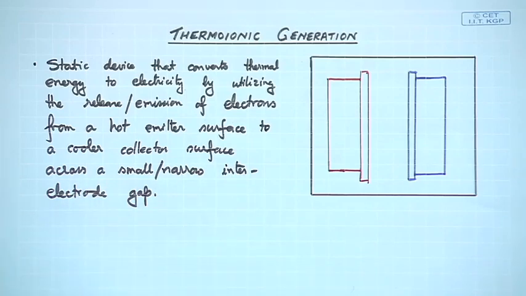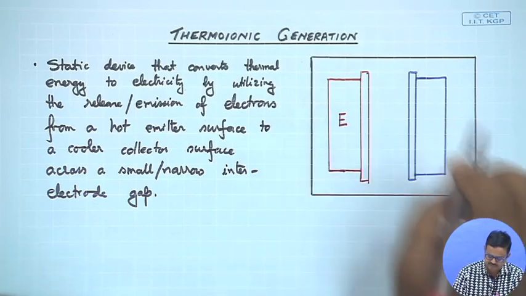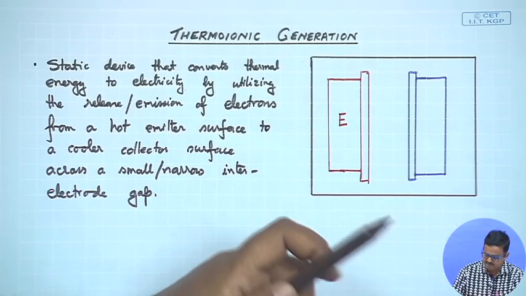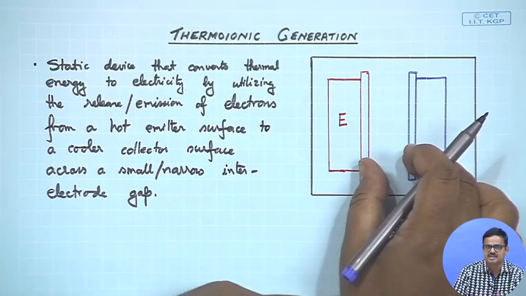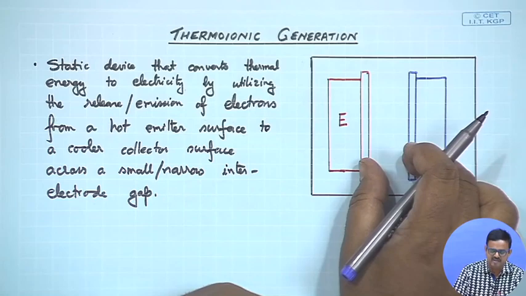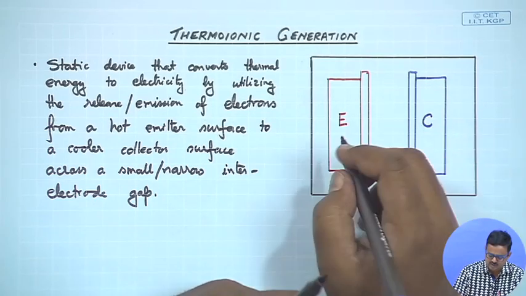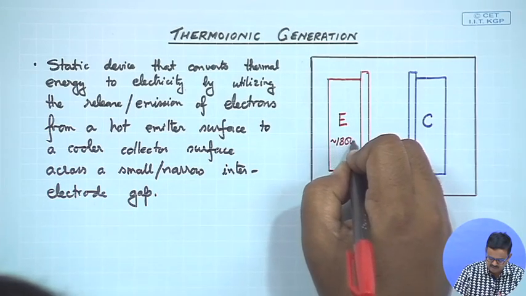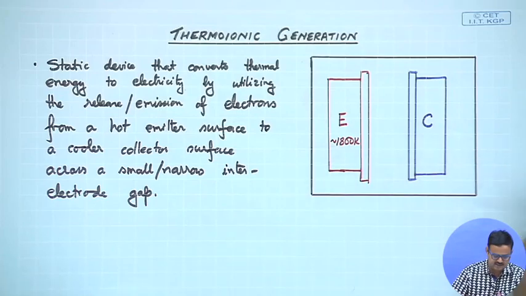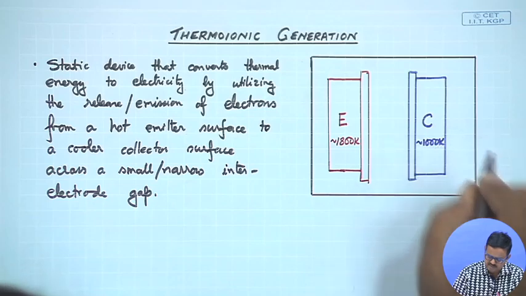If I draw a schematic, it will look something like this, where I have one surface which I am calling the emitter, which is at an elevated temperature, and I have another surface which is slightly away. I have exaggerated the gap here, typically it is around 500 microns or less, and I will call that the collector. The emitter, let us say, is around 1800 Kelvin and the collector would be around 1000 Kelvin, an appreciable temperature difference.